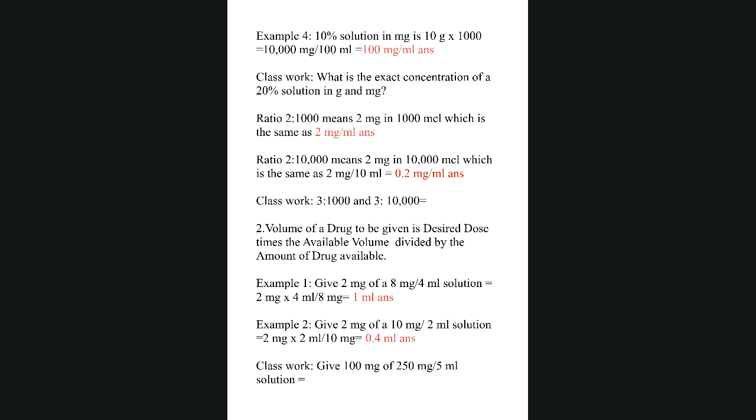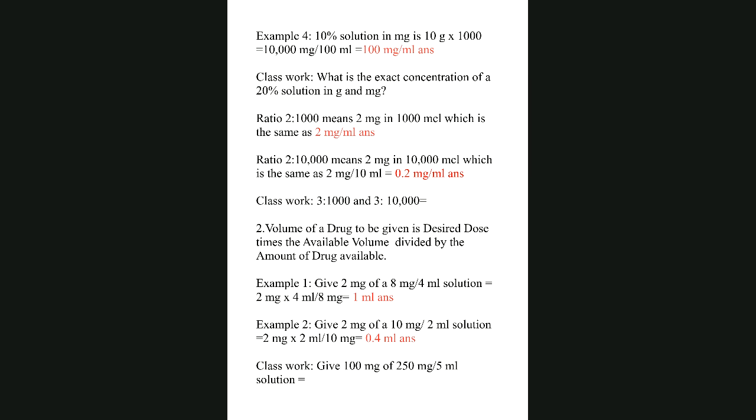The second example, example 2, give 2 milligrams of a 10 milligram in 2 mil solution, right? The desired dose is 2 milligrams, the dose that we are supposed to give. The available volume or fluid is 2 mils.